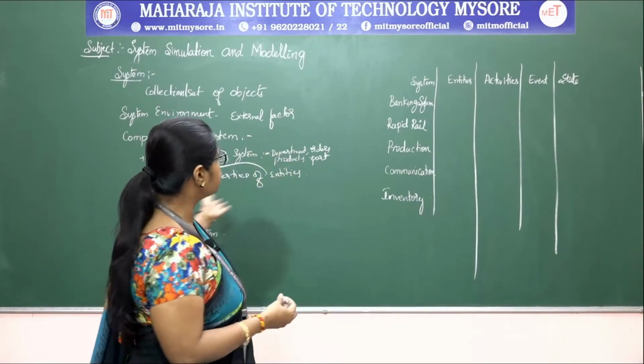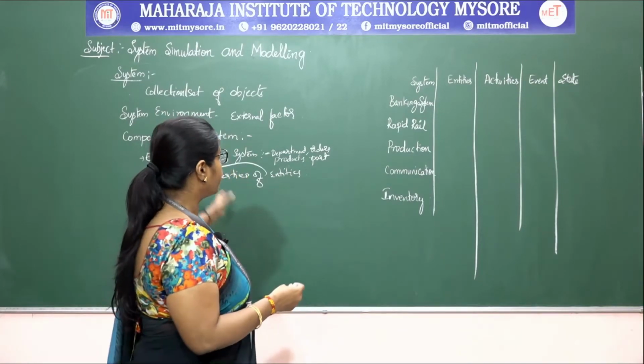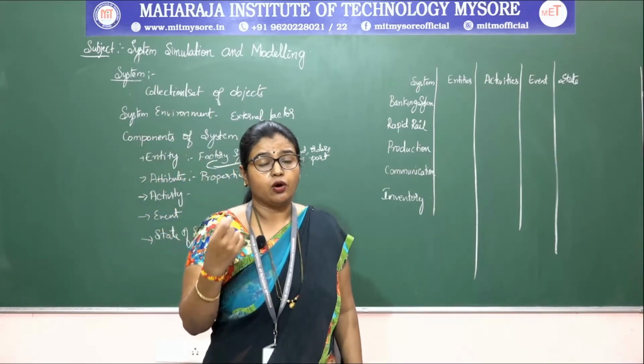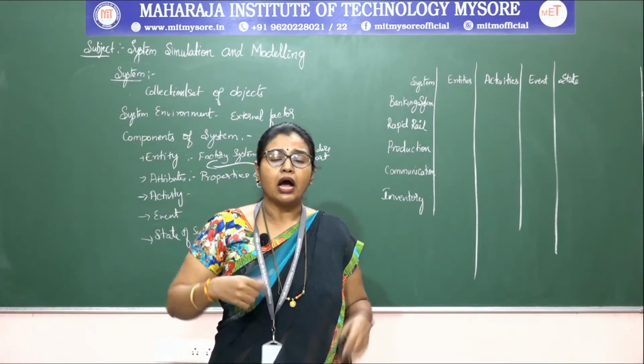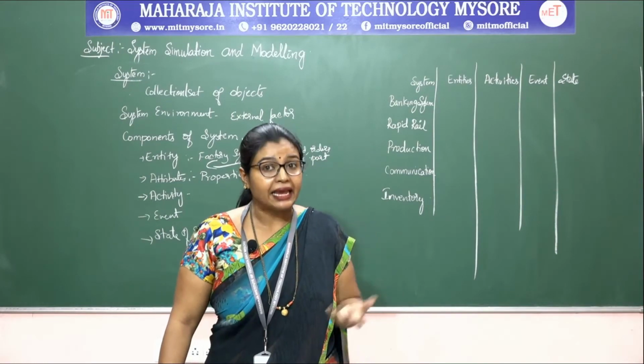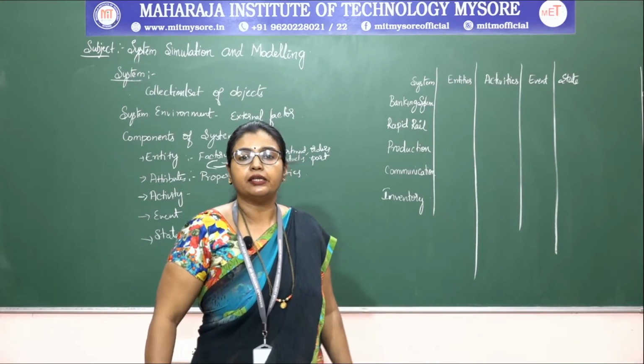If you consider the banking system, what is the attribute? Definitely account balance, account number, account holder name. Those are all things that can be considered as attributes of that particular entity.